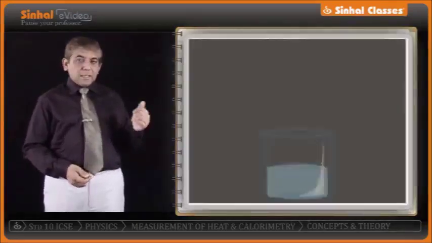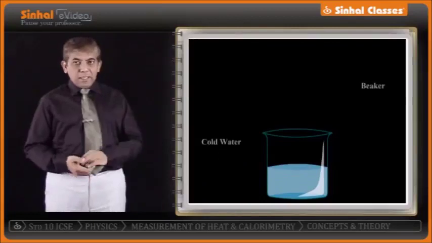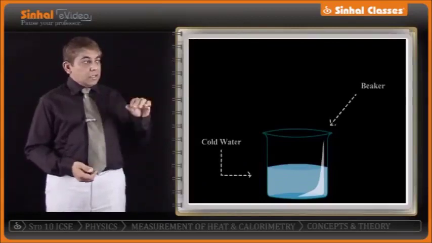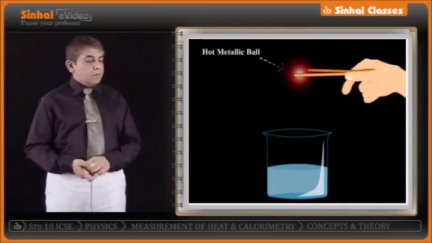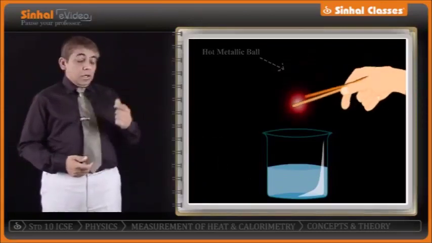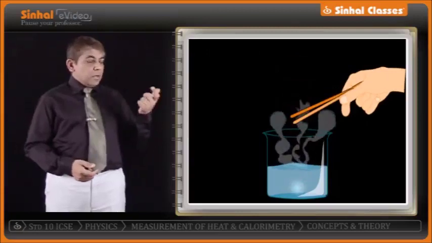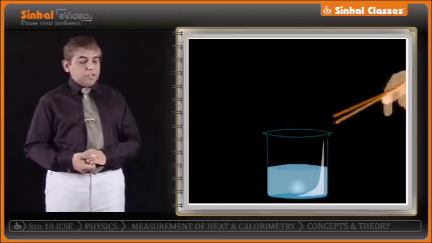The second case is when a beaker is containing cold water and instead of hot water, you are dropping a hot metal, a metallic ball. So in this case, heat transfer is from the hot metallic ball to the cold water.